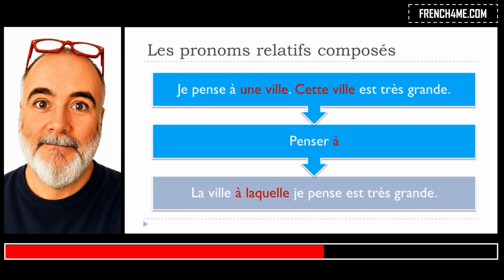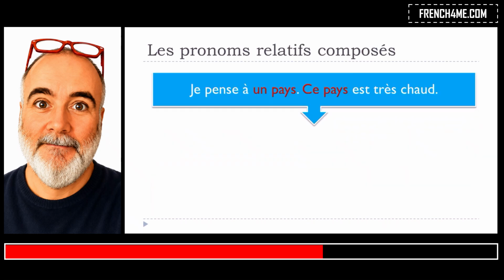Let's see now if we've got a masculine form, because that's the tricky thing. Je pense à un pays, and then ce pays est très chaud. Of course we have exactly the same situation here. We've got two sentences, we want only one, and we want to avoid repeating un pays or ce pays.